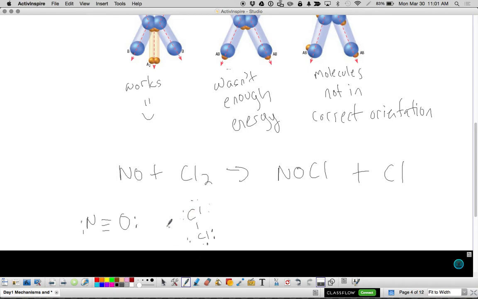Now, if the chlorine collides with the nitrogen end of the molecule, nothing happens because we need to make NOCl. Now, if the chlorine collides with the oxygen, then we can get a reaction. So this is just an example of molecules having the correct orientation.